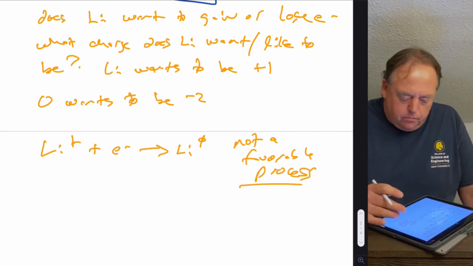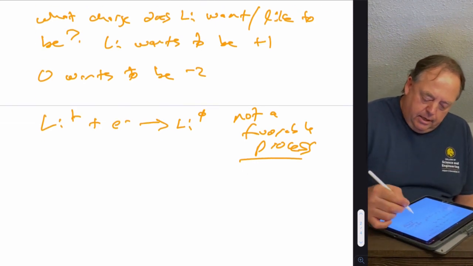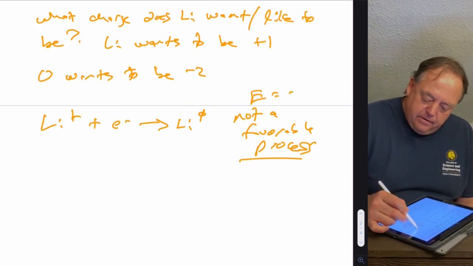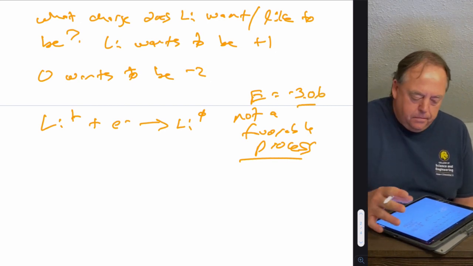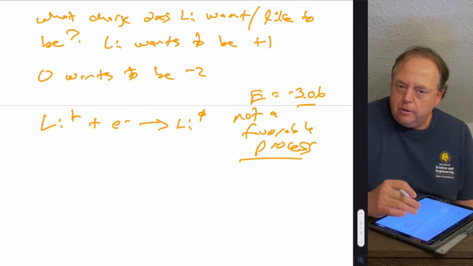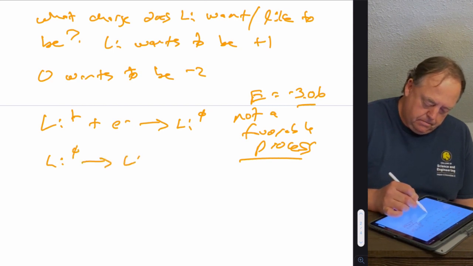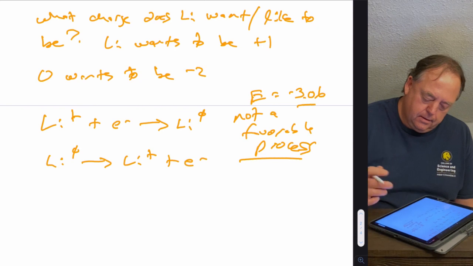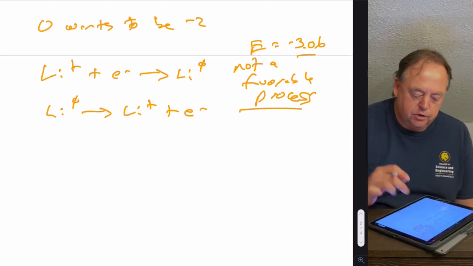That's not a favorable process for lithium. It would rather lose an electron, and that's why E is negative, and it's large and negative. Lithium really does not want to gain an electron. It would much rather go the opposite direction.